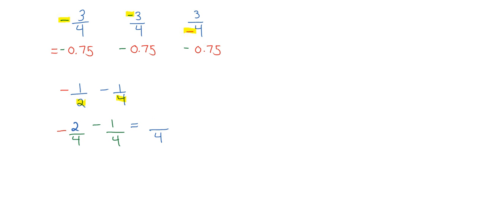Okay. So now, when both our fractions are negative, we would still keep the denominator the same. The denominator will still be 4, but this time for the numerator, we need to solve what is negative 2 minus 1. If you picture this on a number line, this is 0 and this is negative 2.